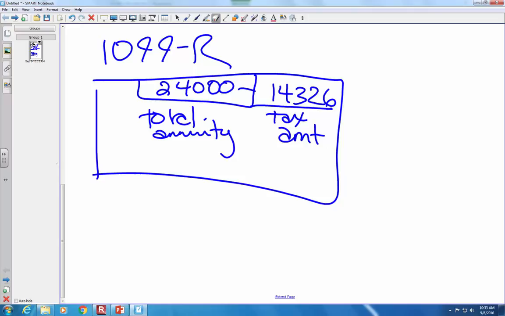It calculates that taxable amount. It goes through what I'm going to teach you right now, and it gives you that amount. And there's an input screen called 1099-R on your tax software, and you put in the total amount and you put in the taxable amount, and it shoves it out to the taxable column. Should we see where that goes on our 1040? 16A is the total amount. 16B is the taxable amount.